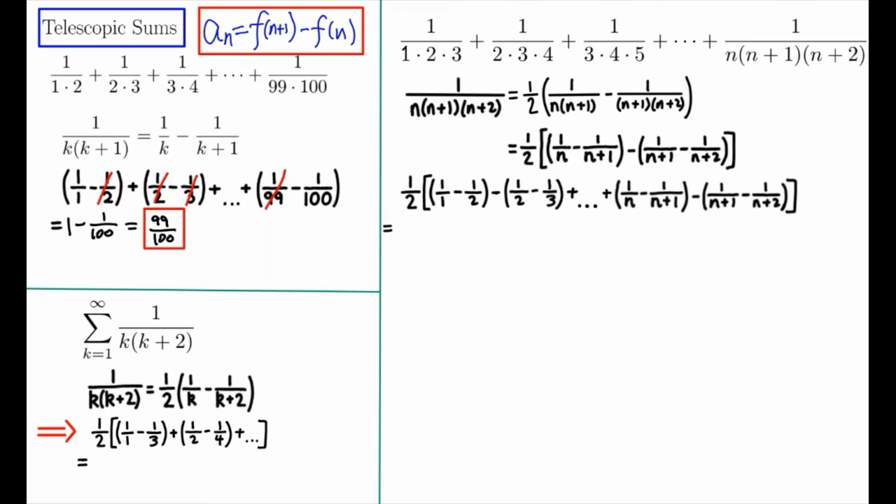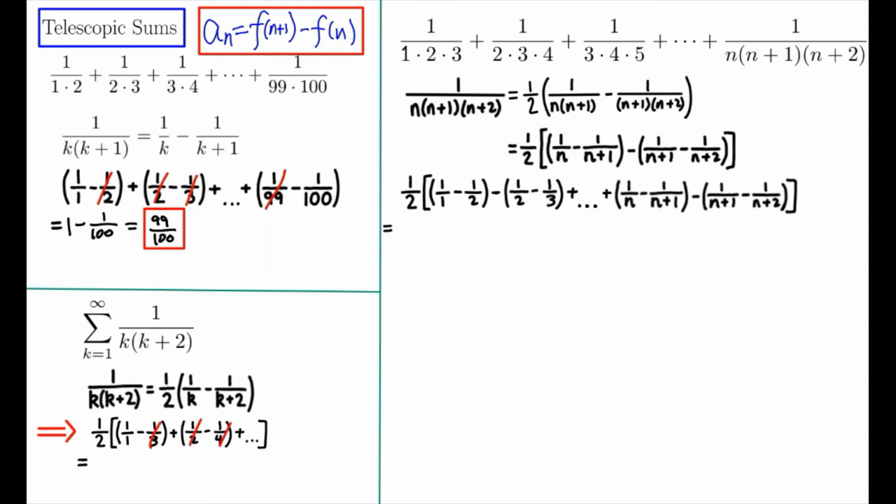If we put this into this over here, we get 1 half times 1 minus 1/3, plus 1 half minus 1/4, all the way to infinity. Now we make it so that many of these cancel as well. 1/3 cancels with the upcoming ones, and these all cancel except for the first ones and the last number.